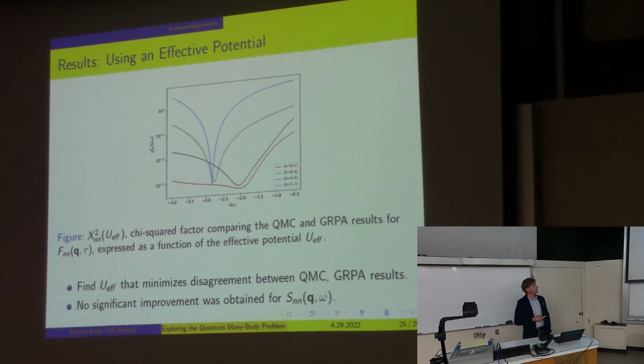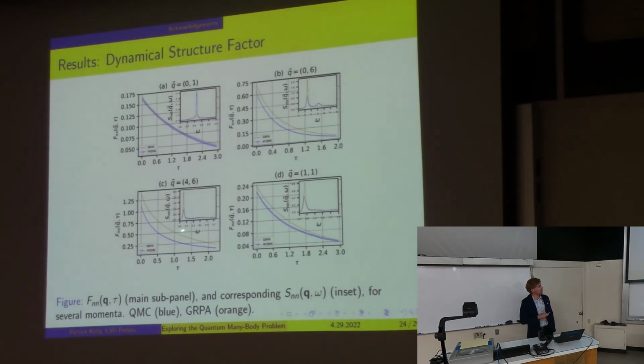Now, we had the idea, it was a good idea, but it didn't work. You see this discrepancy? GRPA is orange. You can see it's biggest in this one. So that's our approximate theoretical method. Blue is the QMC, that's our exact method. See this discrepancy?